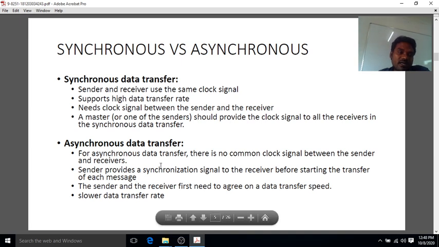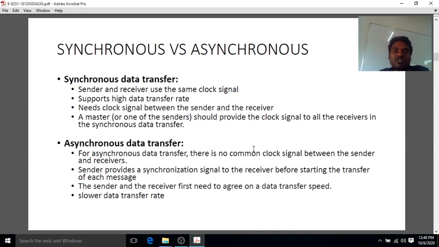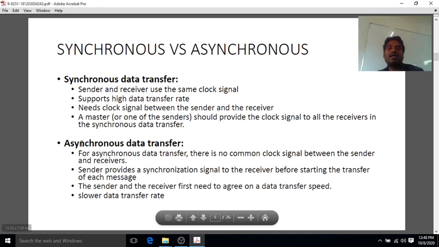And if you are good at the synchronous data transfer, you can explain the asynchronous data transfer also. Asynchronous data transfer means the transmitter uses one clock signal whereas the receiver uses another clock signal. For asynchronous data transfer there is no common signal between the sender and receiver.